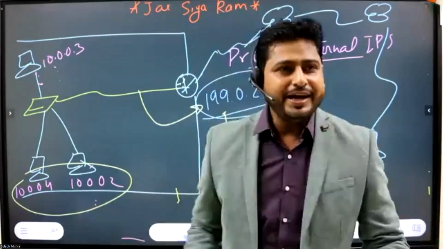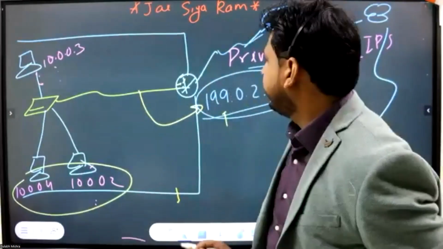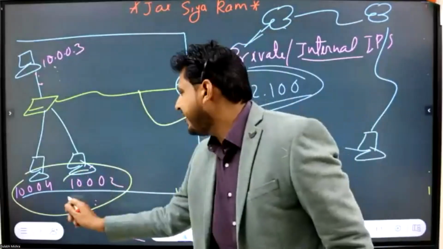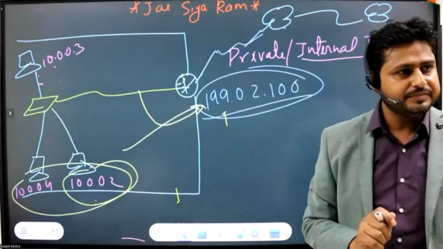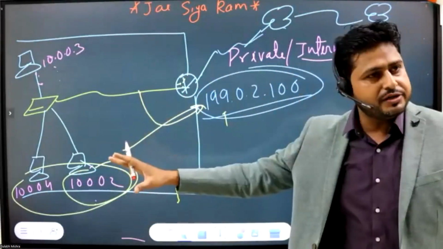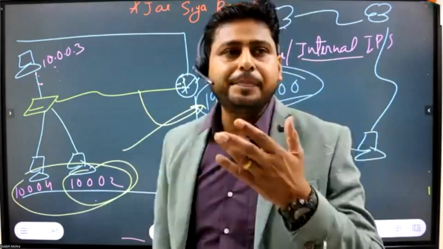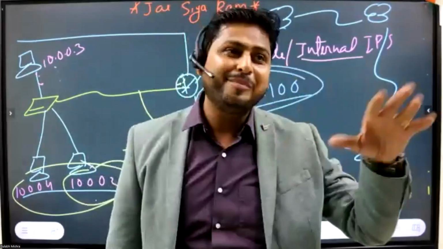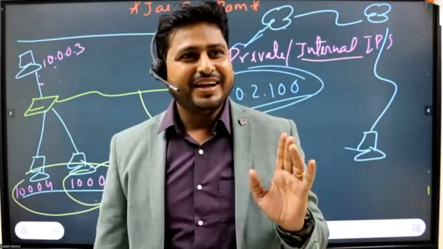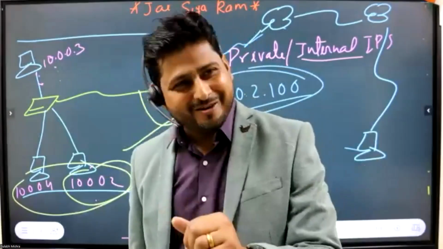Right now, the mapping of private IP addresses is happening with public IP addresses. It can be vice versa also, public to private, as well as private to private, or public to public. NAT is not private to public only.